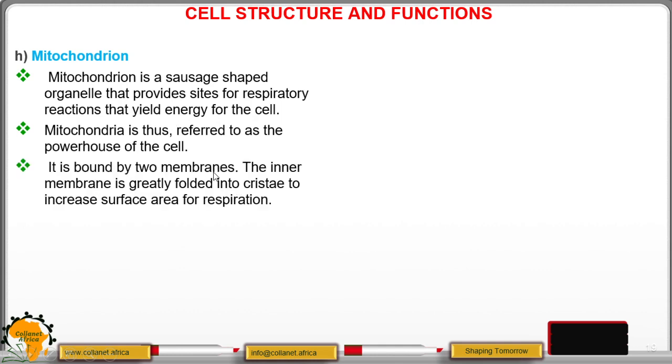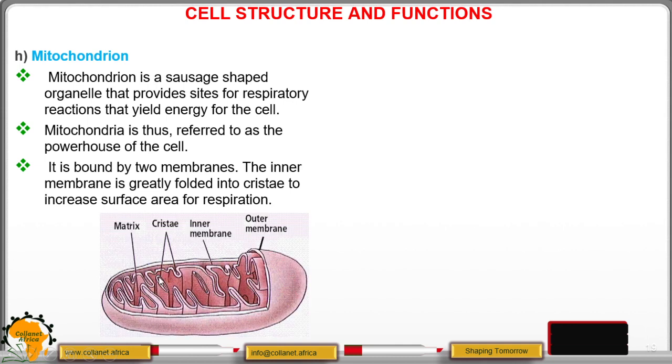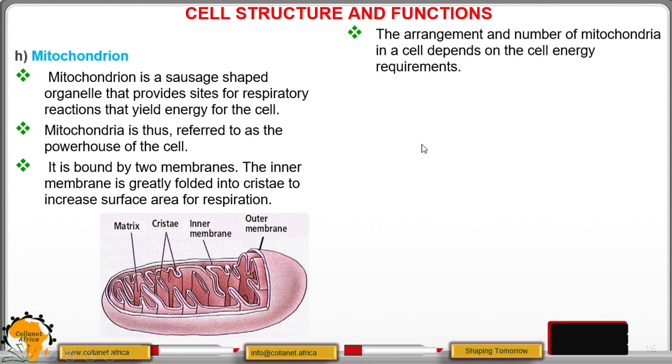It has two membranes, the inner, which is highly folded into cristae to increase the surface area for respiration. So this is the inner membrane, highly folded into cristae, providing larger surface area for respiration. Then we have the matrix and of course the outer membrane.